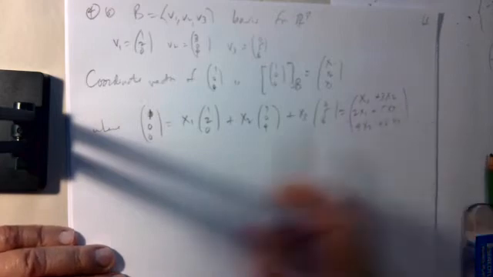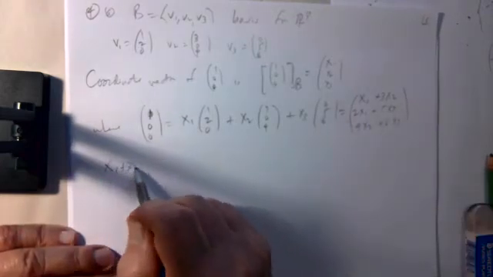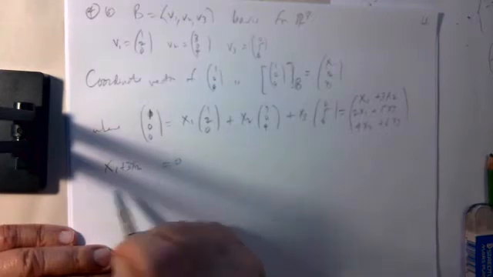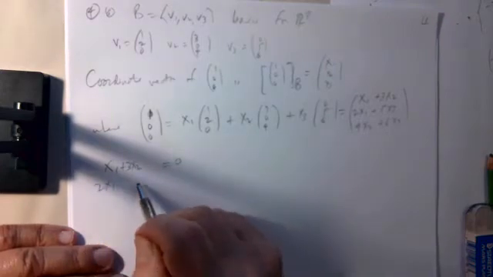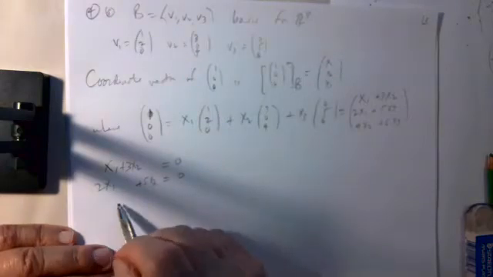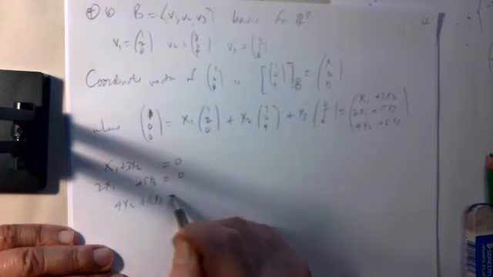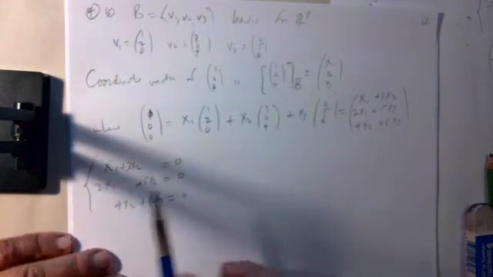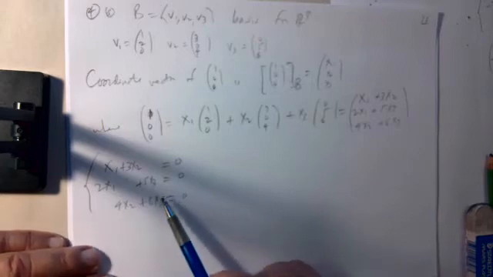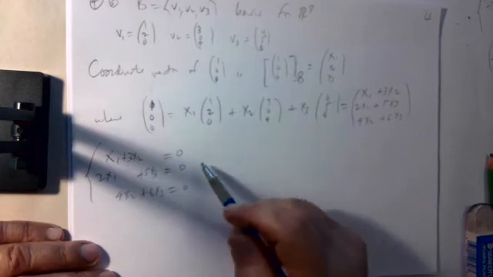Which means I have to solve the equations x1 plus 3x2 equals 0, 2x1 plus 5x3 equals 0, 4x2 plus 6x3 equals 0. Again, this problem in linear algebra reduces to finding the solution of some linear equations.